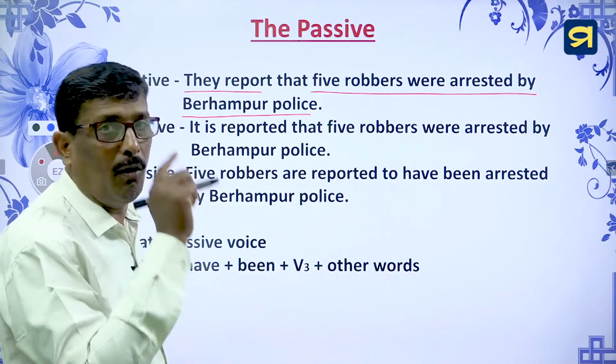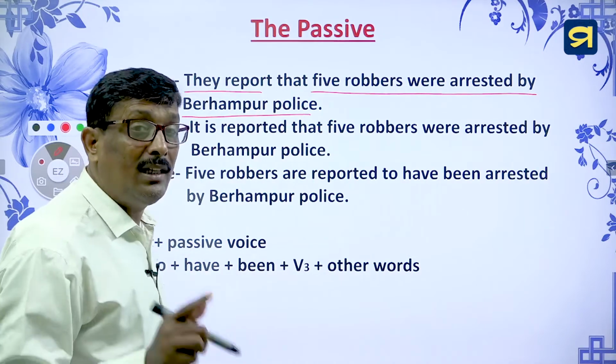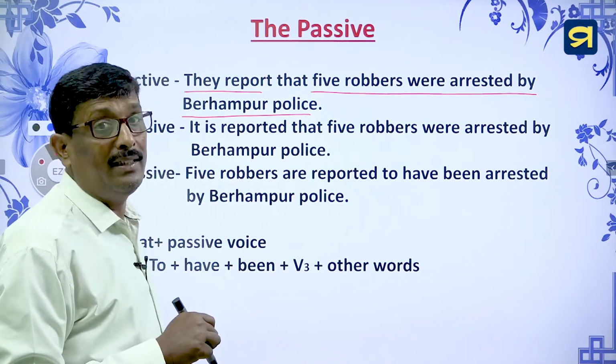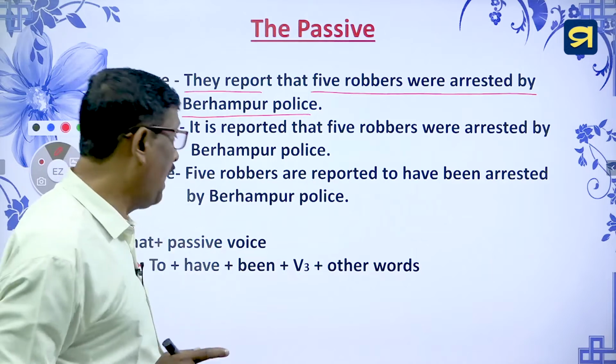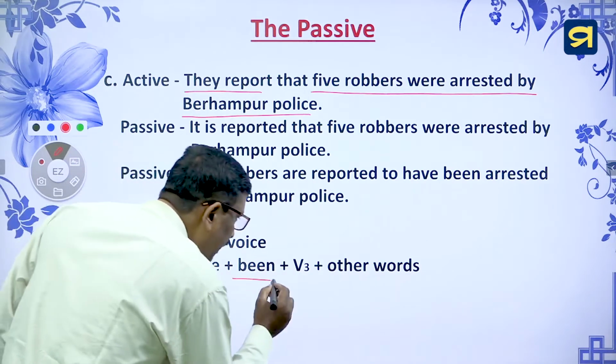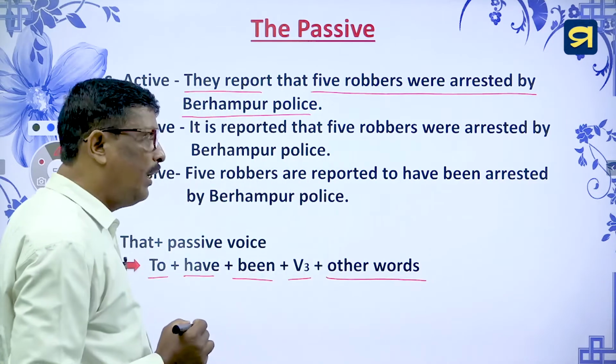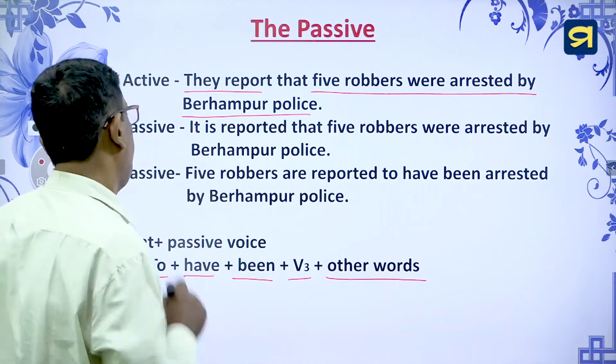When there is passive voice in that clause, there is another rule. How? To followed by have, then been, then third form of the verb, then other words. So in this way we can change.